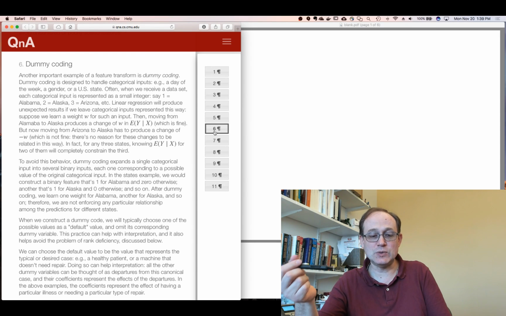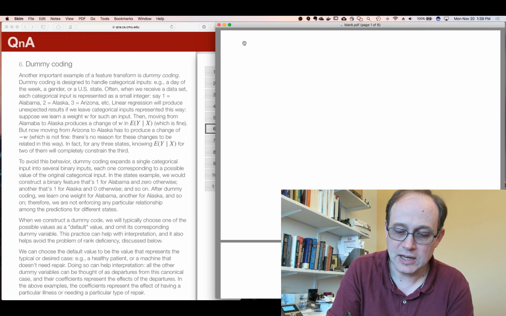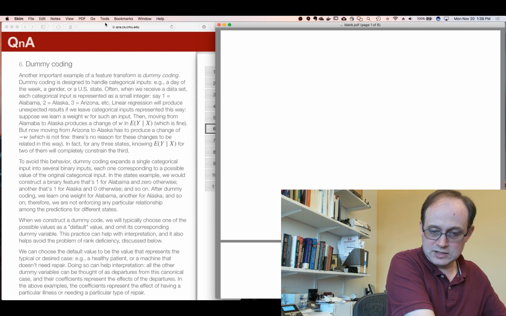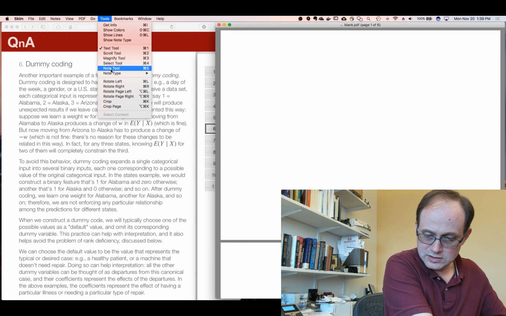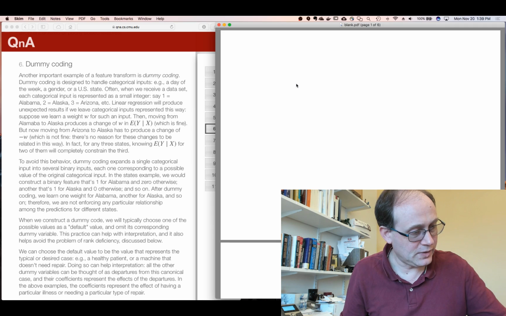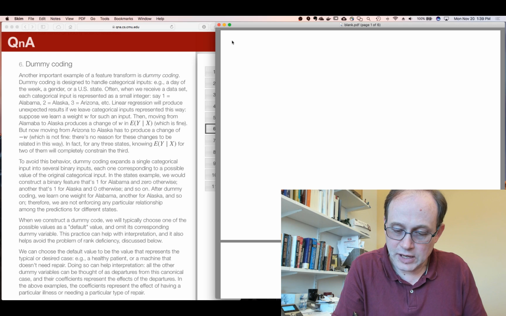So what we do instead is what's called a dummy code, which is to say we take an integer from 1 to k and we replace it with k binary features, each of which indicates a single one of the possible values, right? So dummy coding would look like this. Let's say we have the integer 3, right?